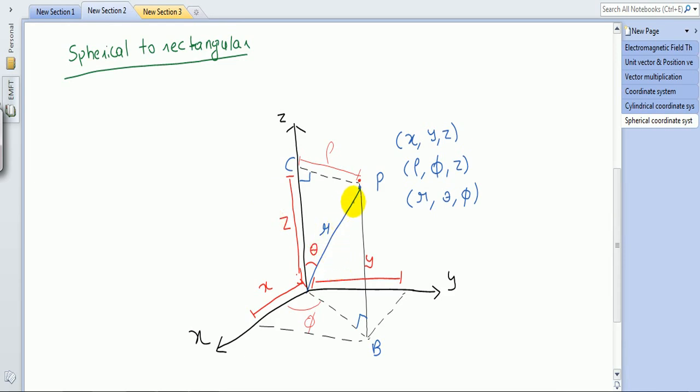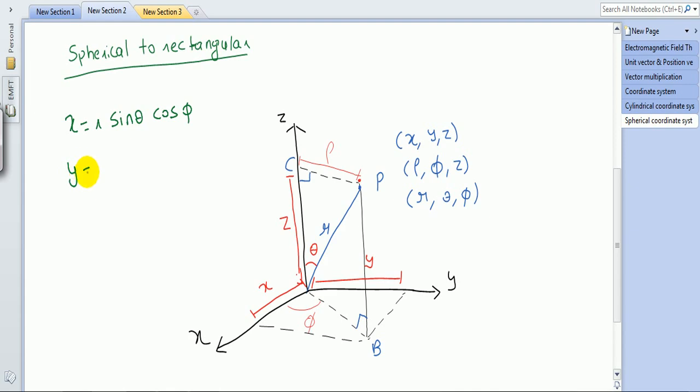So we can see that if I project this r here, it will be r sine theta, and this distance from origin to point B is r sine theta. And then again if I project this on the x-axis, it will be r sine theta cos phi. So I can write x is equal to r sine theta cos phi.